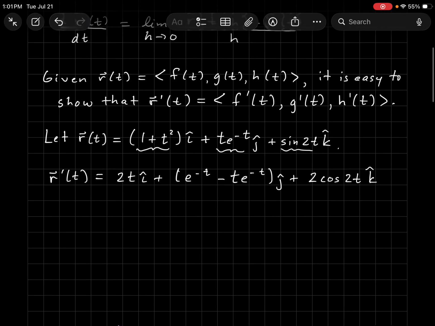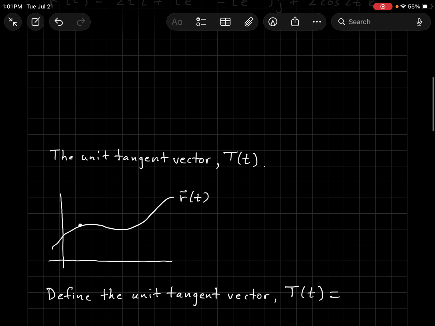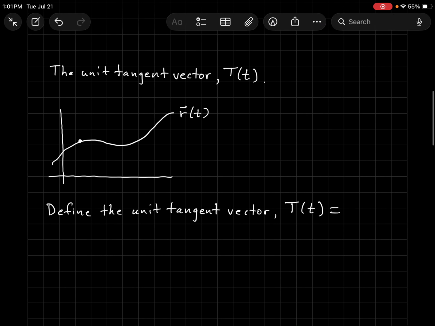Let's look at a definition, something called the unit tangent vector, big T of t. Let's just look at it in 2 dimensions, but it easily extends to however many dimensions. I have a graph of r of t. The tangent to the graph at any point is going to be r prime of t.